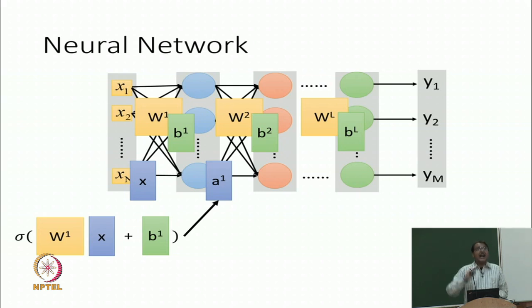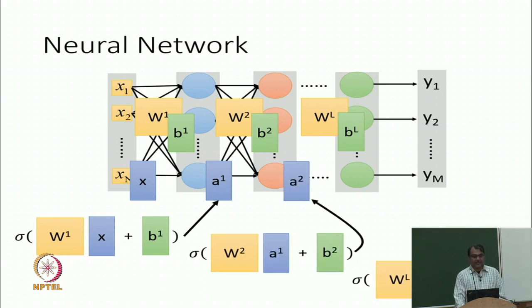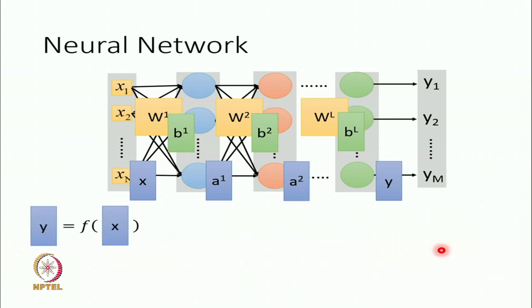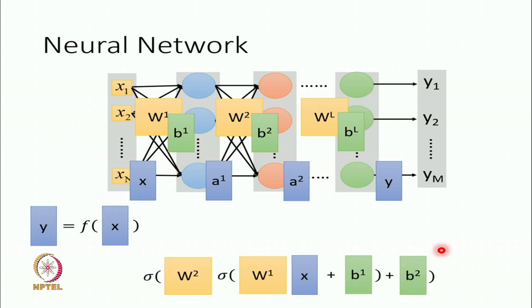So technically, the ith layer is computing nonlinearity, or sigma, over Wi a(i-1) plus bi, where a(i-1) is the output of the previous layer. And so the whole neural network is computing y equal to f(x), which is basically taking x, multiplying it with W1, adding b1, nonlinearity, then taking this, multiplying it with W2, adding bias b2, adding nonlinearity, and so on and so on.